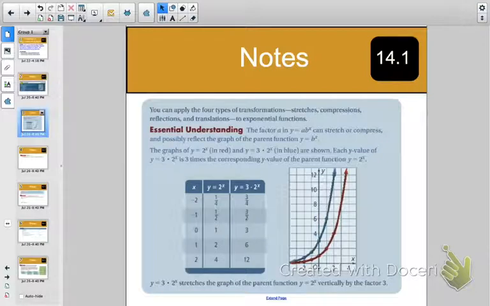So that's an example of a stretch, because it's basically stretched that red function up to 3 times the size. So we say that is a vertical stretch by a factor of 3, and that's going to be the case whenever there is a multiplication in front of your base function.